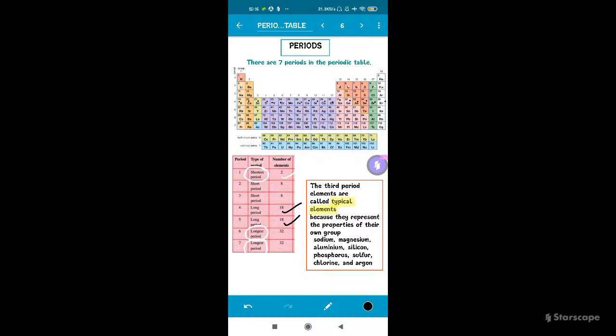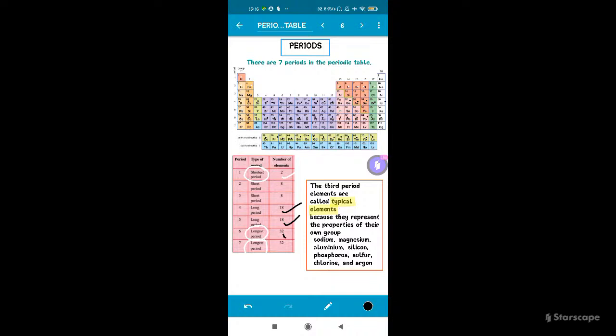Now talking about period 6 and 7, very important. The lanthanides have been written over here and the actinides have been written over here. So we have to count these two also. So let's see how many elements are there in period 6. 1, 2, 3, 4, 5, 6, 7, 8, 9, 10, 11, 12, 13, 14, 15, 16, 17, 18, 19, 20, 21, 22, 23, 24, 25, 26, 27, 28, 29, 30, 31 and 32.